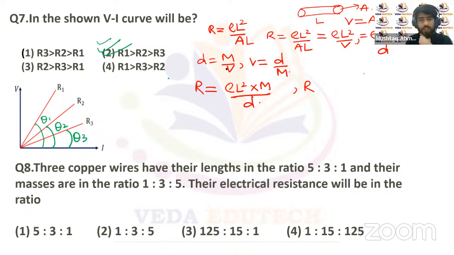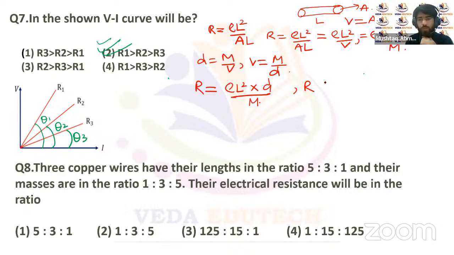Sorry, density is actually equal to mass upon volume, and the volume will be equal to mass upon density, not density upon mass. So there will be the factor density in the numerator, and mass in the denominator, right?